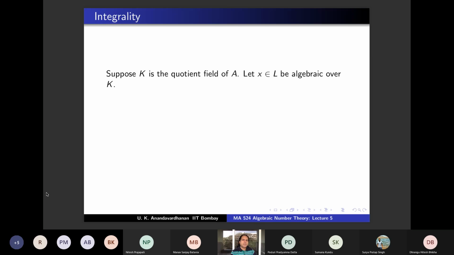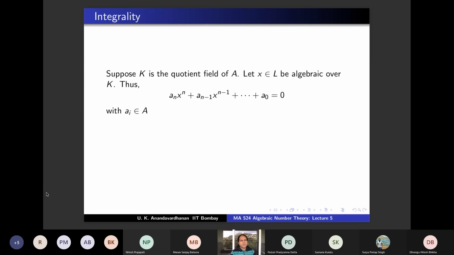Okay. Now let x in L be algebraic over K. This means it satisfies a polynomial with coefficients in K: a_n x^n plus etc. plus a_0 equal to 0, where these a_i are in K because it's just algebraic. But it's a quotient field, right?